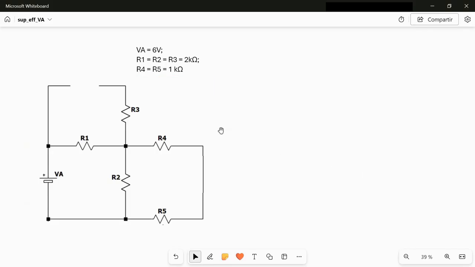This was the circuit that I showed you before, and we will solve it as I showed you in the previous video. So first of all, we check the equivalent resistance of this circuit. We see that the battery VA actually splits into two.